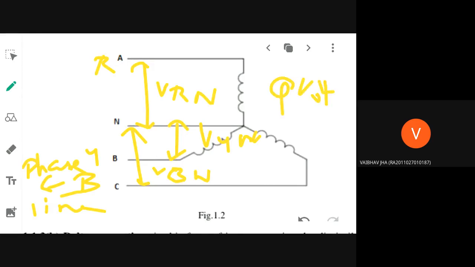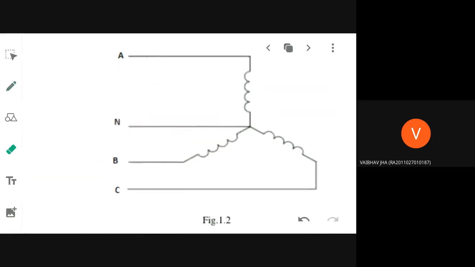Understood? So you understood what phase voltages are, but line voltage needs explaining. Line voltage means line to line. What are the lines that you are having? This is one line, this is one line, and this is one line.